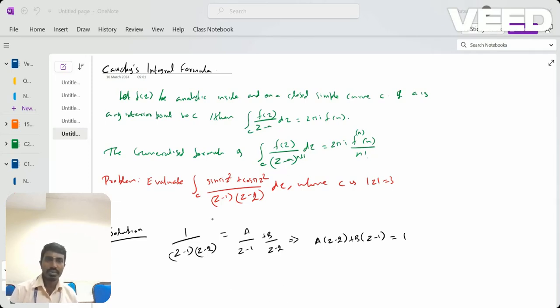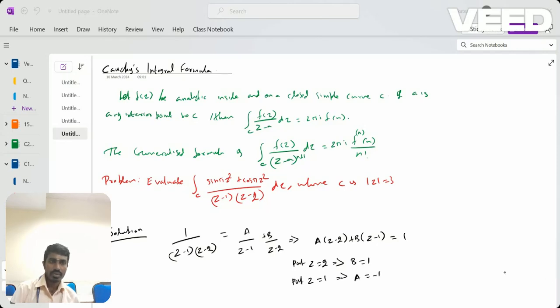Now substitute arbitrary values for z, then you get the values of A and B. Now put z equal to 2, then the first term vanishes, then B equal to 1. Similarly put z equal to 1, then the second term vanishes. In the first term you get minus A equal to 1, so A equal to minus 1.